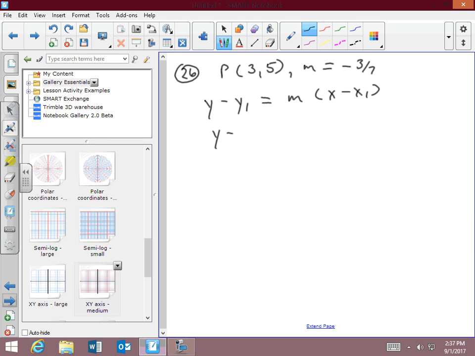Y minus 5. Y minus 5, right? Equals slope negative 3/7, and then it's x minus 3, right?